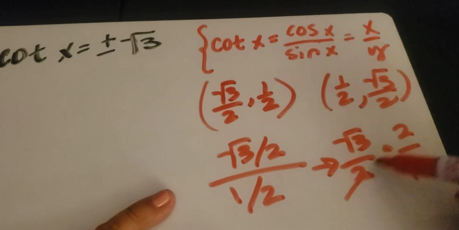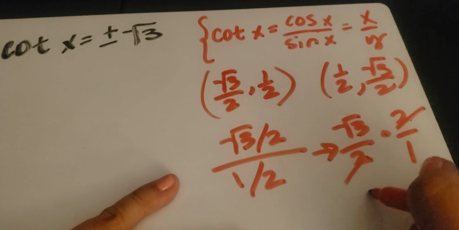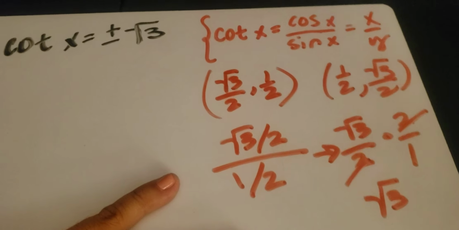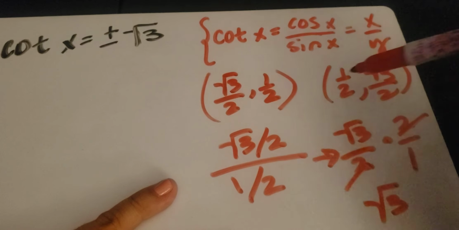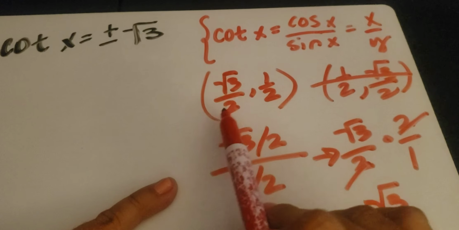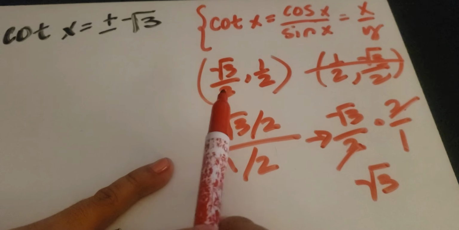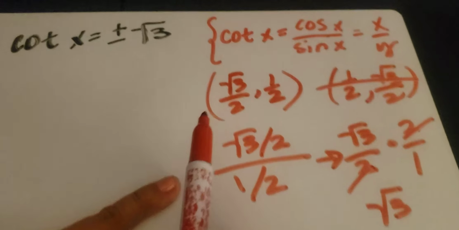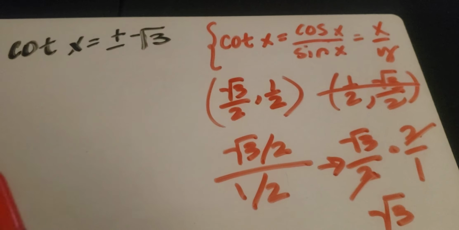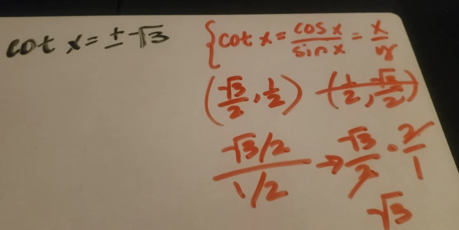The 2's cancel out and you end up with square root of 3. So we don't want to work with this point, we want to work with this point. We want square root of 3 to be plus or minus, so we'll work with the plus or the minus. Now let's look at our unit circle to see when that happens.